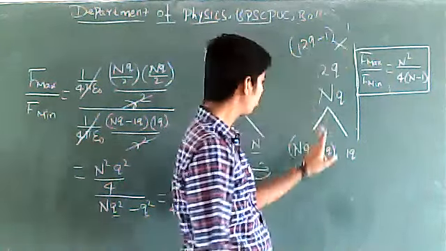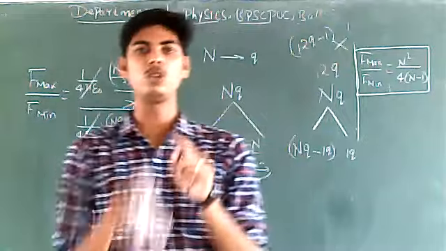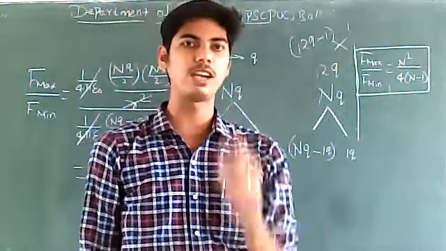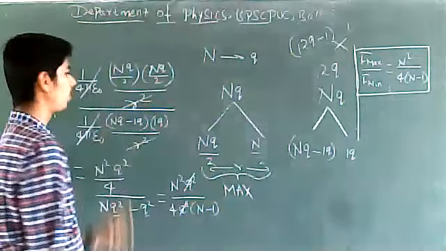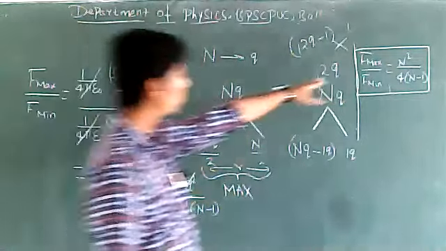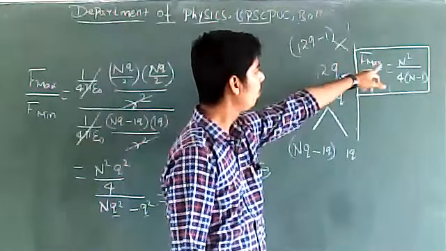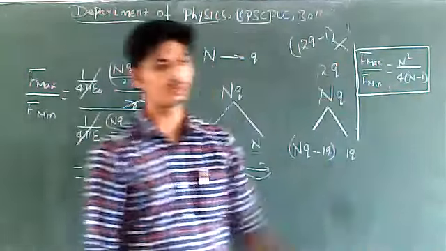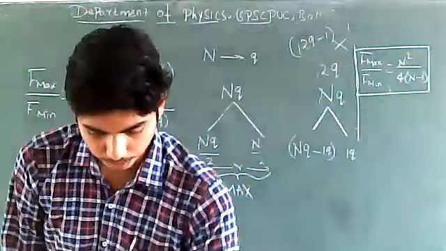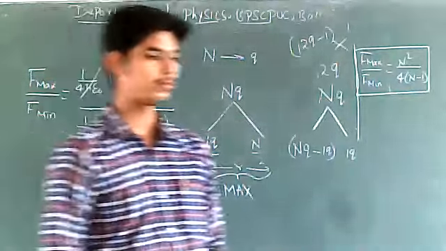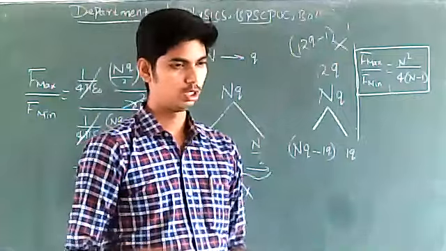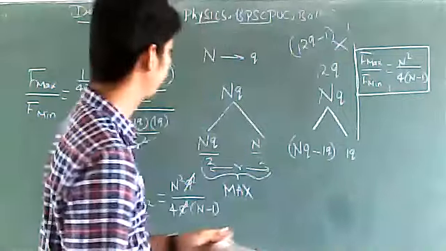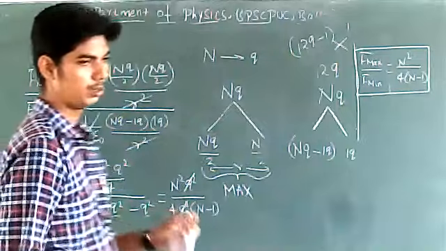So this is how you need to first divide the charges. After dividing the charge, calculate the maximum to minimum force ratio, which will be n square divided by 4 into n minus 1. So here the option will be 3. Right? Is this clear?